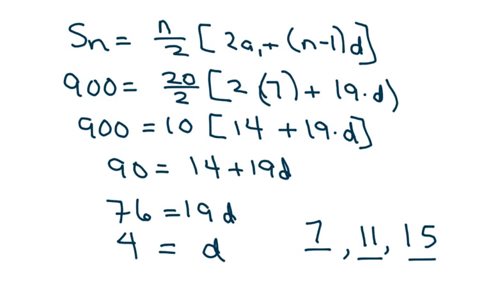So you can use your formula in a variety of ways. Let's see if we have any more with the summation sign, because that's what you really need to know. All right, so let's find the sum of these. These are the kind that are going to be on your test.